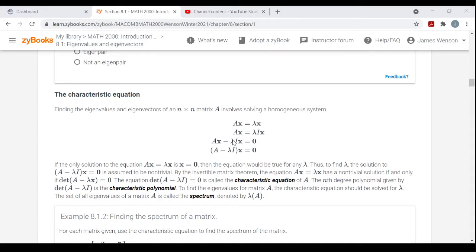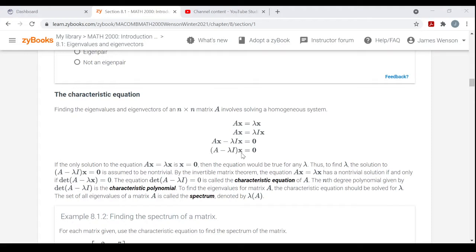And then subtracting that from both sides, factoring out the vector x, we get the following. A minus lambda I, that matrix, times x must be equal to the 0 vector. We're solving for x here.